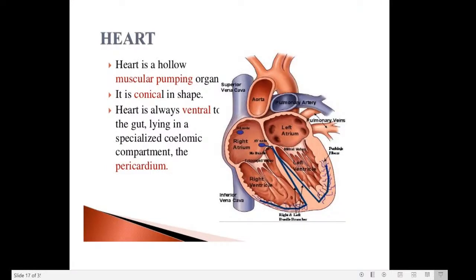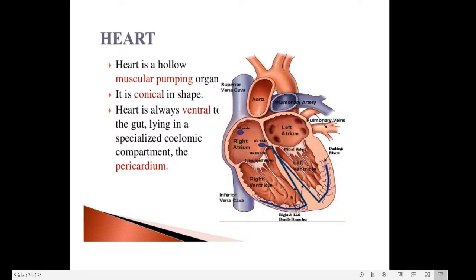The heart, as we all know, is a muscular pump of conical shape. It lies ventrally in a specialized compartment, the pericardium, which is the location of the heart.